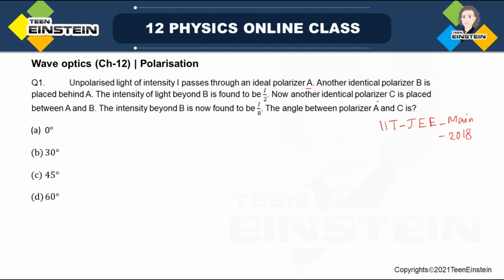Now another identical polarizer C is placed between A and B. The intensity beyond B is now found to be I over 8. Then the angle between polarizer A and C is 0 degree, 30 degree, 45 degree, or 60 degree. So you have to find out the correct angle between A and C.